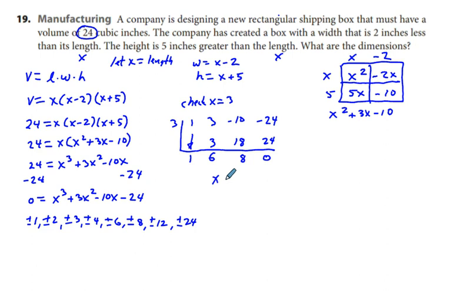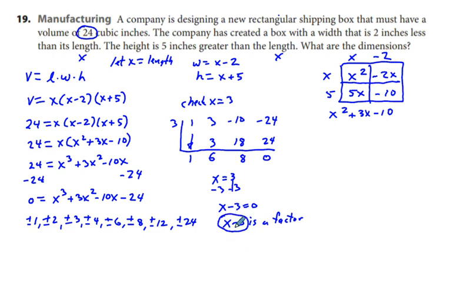So if we have x equals 3 as a 0, we subtract 3, and we have x minus 3 is equal to 0. So x minus 3 is a factor.